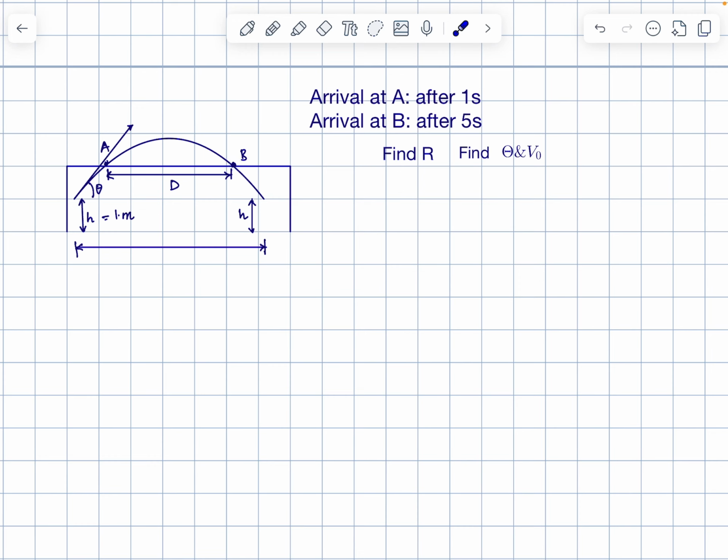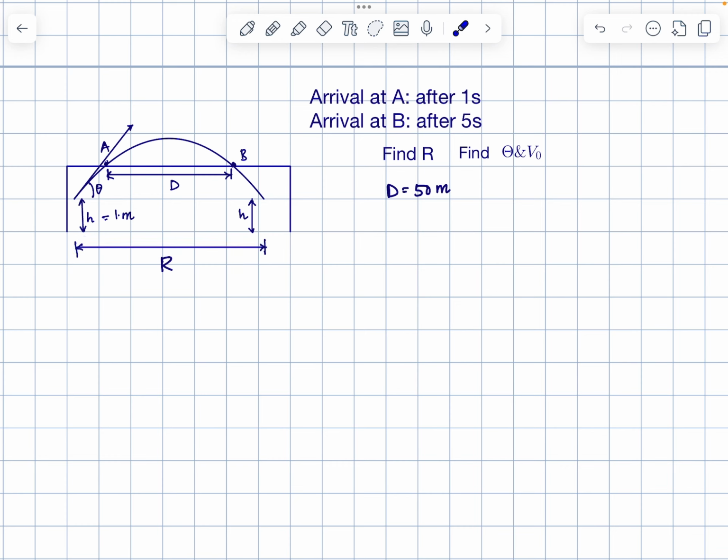Here the distance d is known to be 50 meters. Okay, so we want to find out the total distance traveled by the ball from when it is thrown to when it is caught.